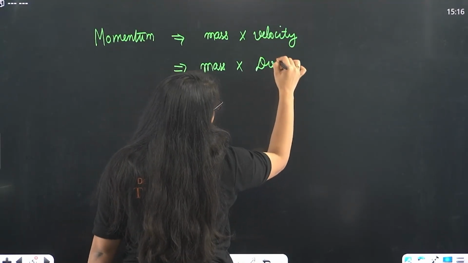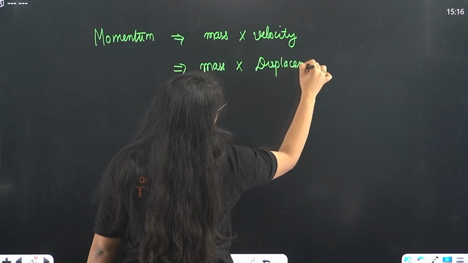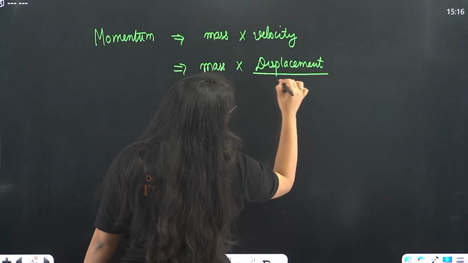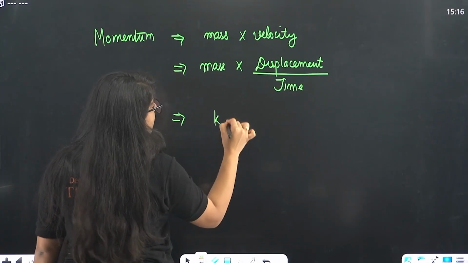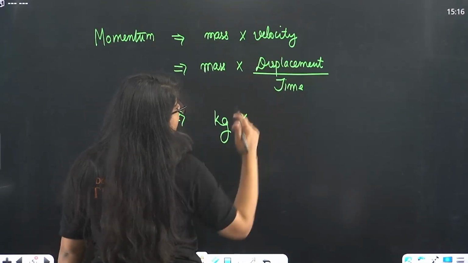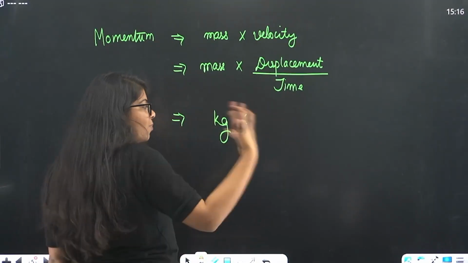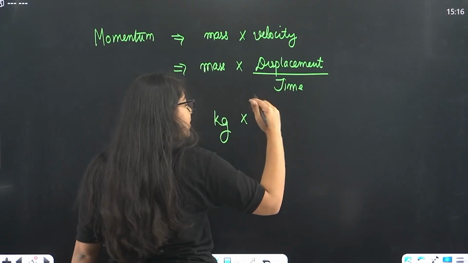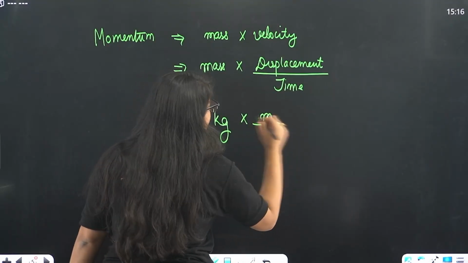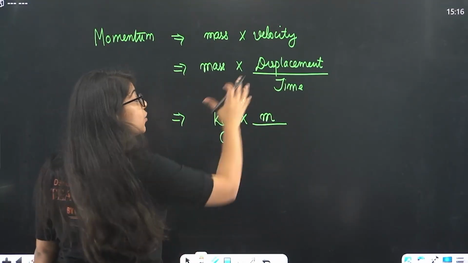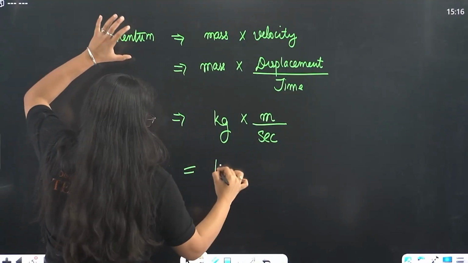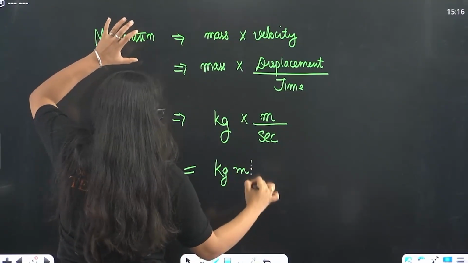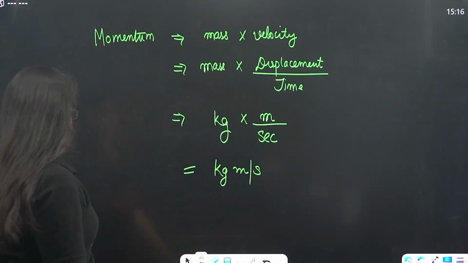Ma'am, displacement upon time. Right? So what is the unit of mass now? It was kg, right? Displacement is length, and its unit is meter, right? What is the unit of time? Ma'am, second. So what are the units of momentum now? Kg meter per second. Is that the unit?